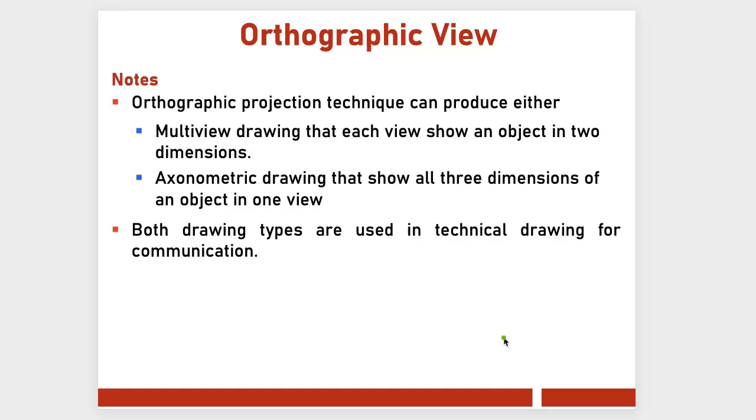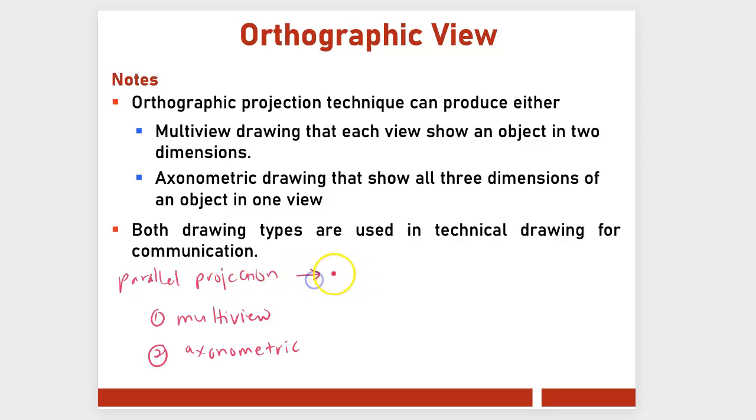To summarize, what we have learned so far is multi-view and axonometric, and this is under parallel projection, where we talked about orthographic.